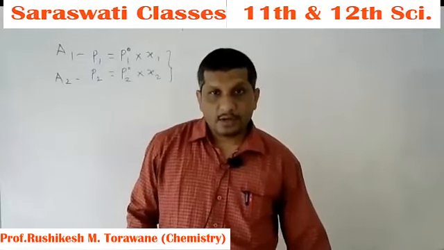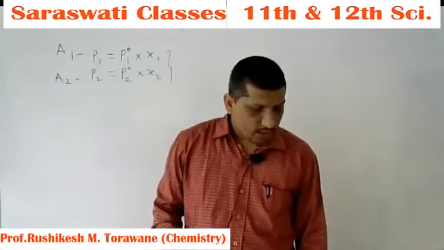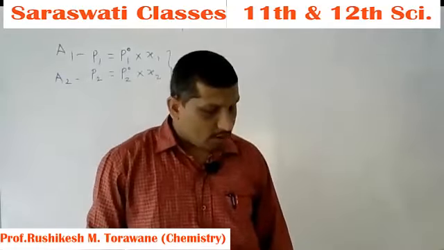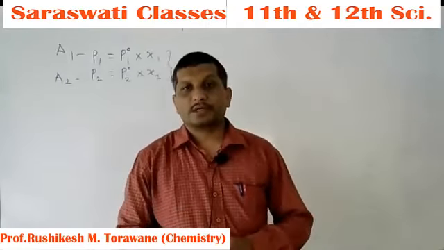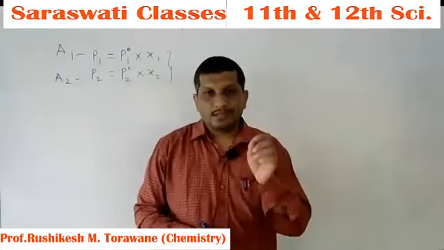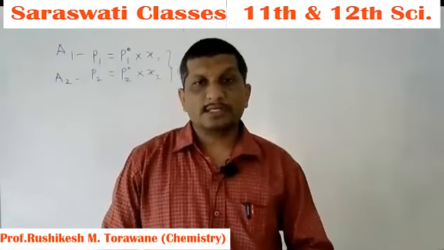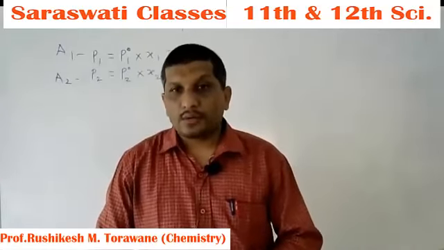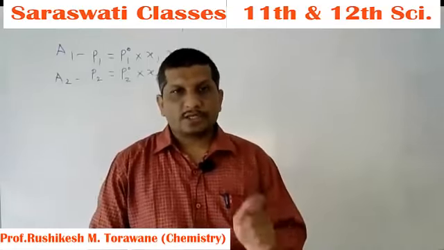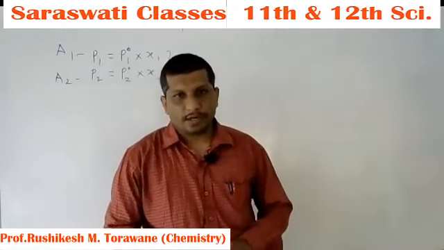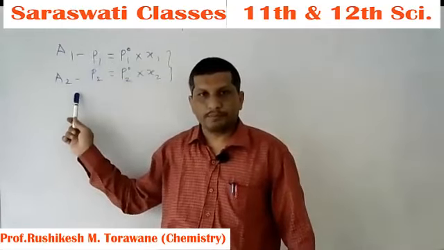Dalton's law we can also see here. What is Dalton's law? The total pressure of a mixture of gases is the sum of the partial pressures of the gases. This law is also required here. Dalton states that the total vapor pressure is the sum of the partial vapor pressures of the components, meaning the partial vapor pressures P1 and P2.